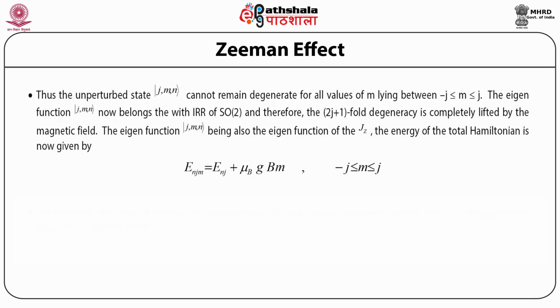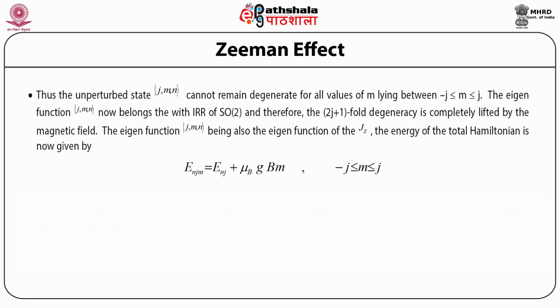Thus we can see from the above discussion that the unperturbed state represented by the quantum numbers J, M and N cannot remain degenerate for all values of M lying between minus J to J. The eigenfunction JMN now belongs to the irreducible representation of SO2, and therefore the 2J plus 1 fold degeneracy is completely lifted by the magnetic field.